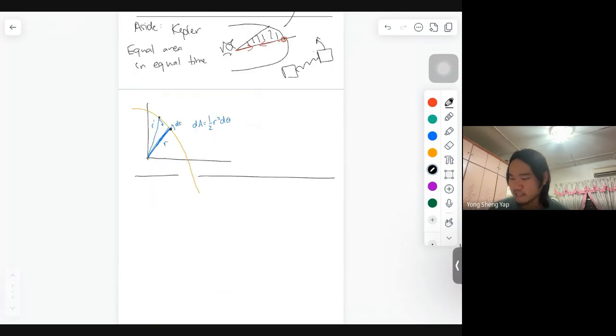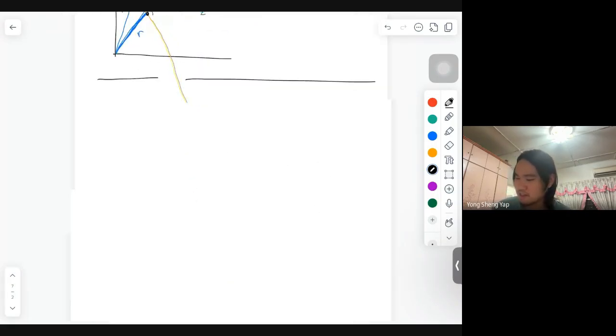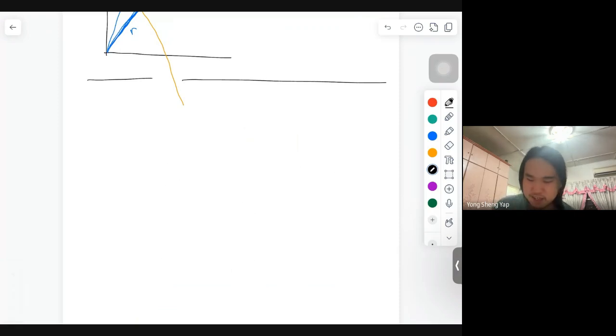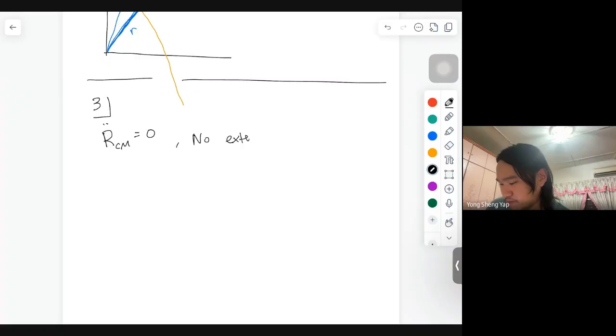And these are connected. And the third one is that, because the entire system is not acted upon by external forces, the center of mass has no external force.